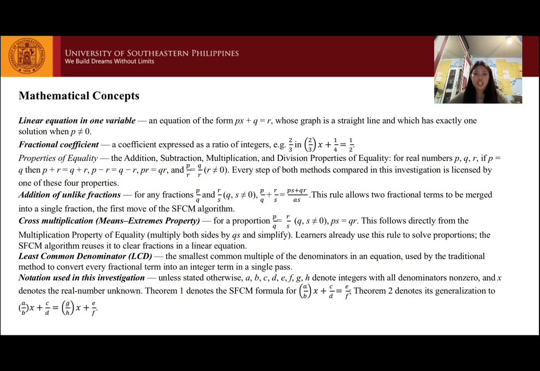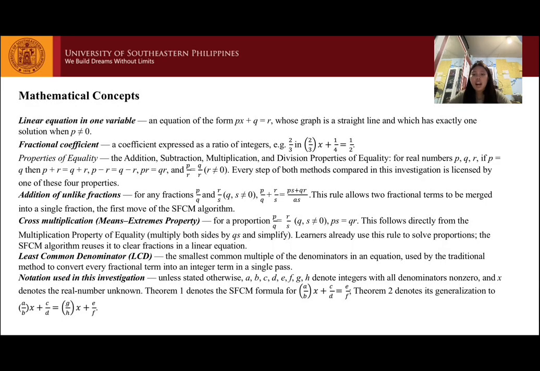So this investigation is based on several important mathematical concepts. First is the linear equation in one variable, which has the form px plus q equals r and has exactly one solution whenever the coefficient of the variable is not zero. And second is the fractional coefficient, where the coefficient of the variable is expressed as a fraction.